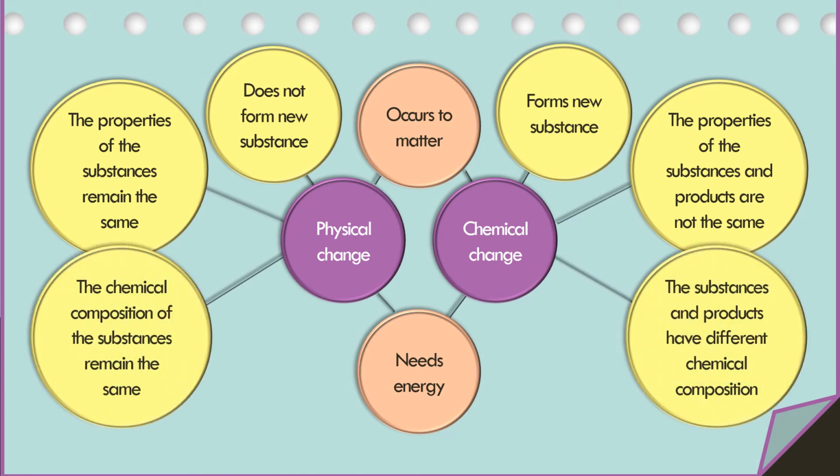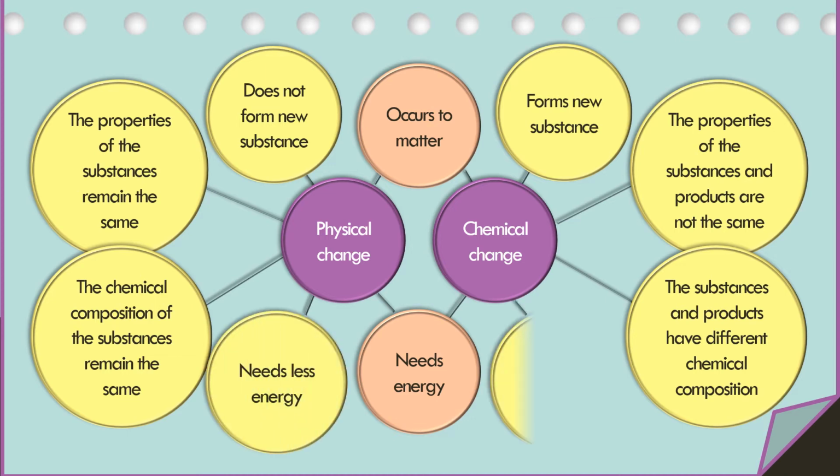In physical change, the chemical composition of the substances remains the same, whereas in chemical change, the substances and products have different chemical composition. And the last one, physical change needs less energy, whereas chemical change needs more energy.